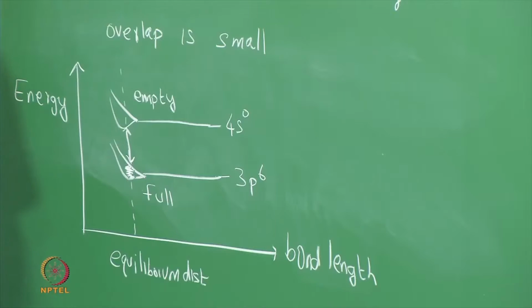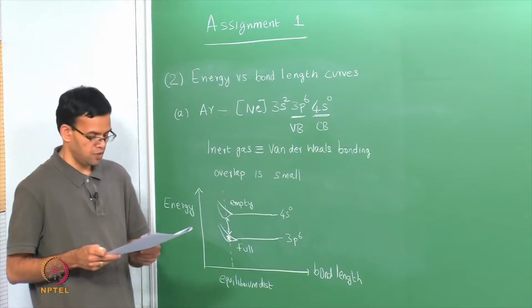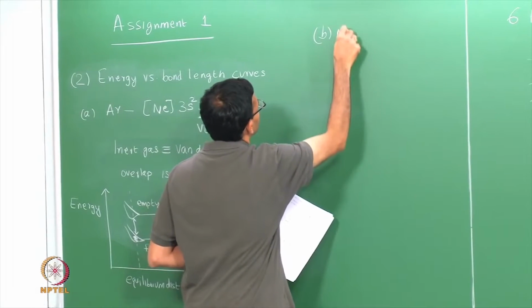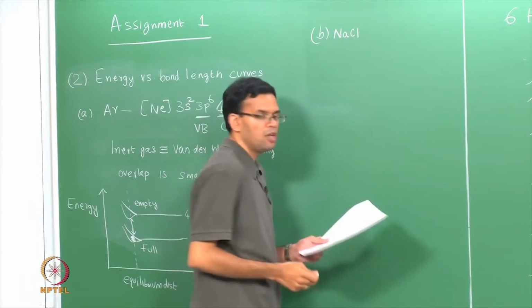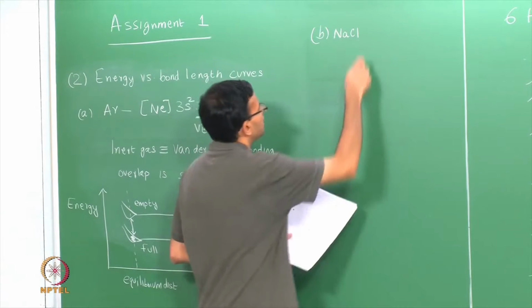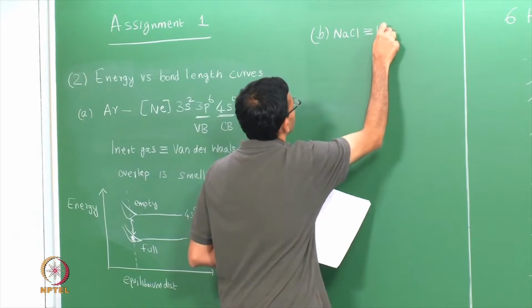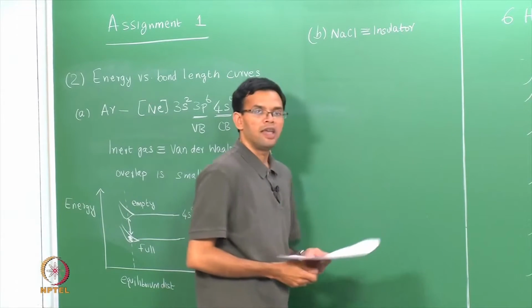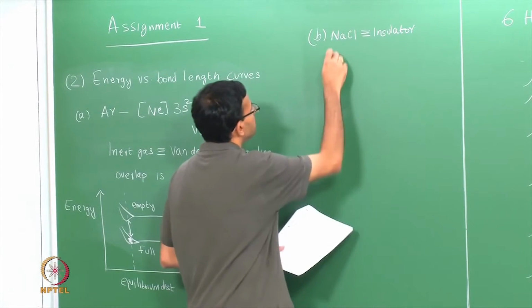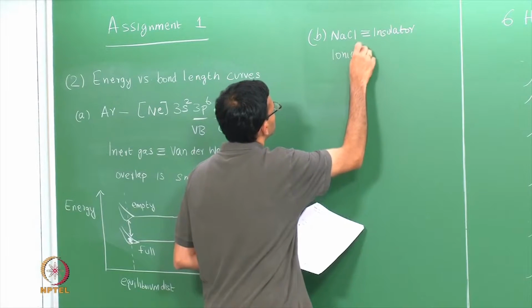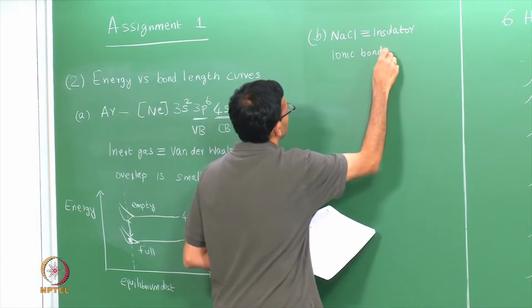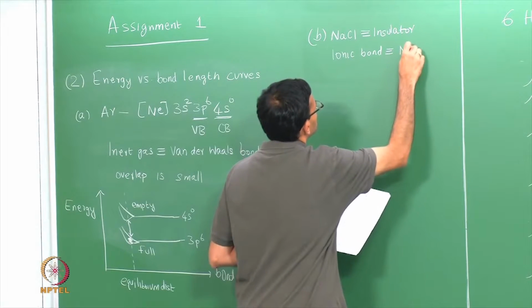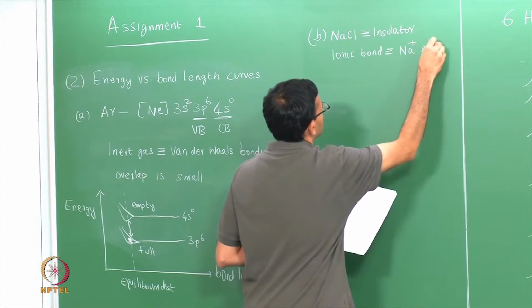So, the next material we will look at is sodium chloride. Sodium chloride is also an insulator, but it is a case of an ionic bond. So, you have an ionic bond between Na plus and Cl minus.